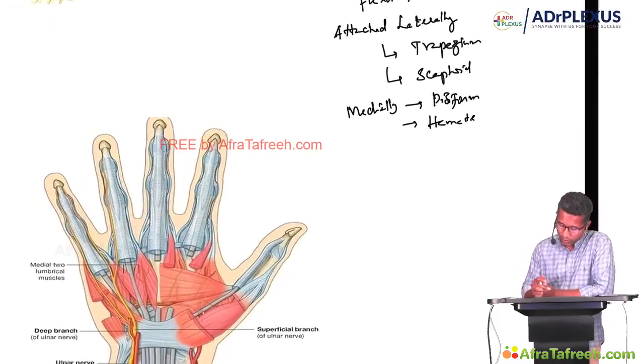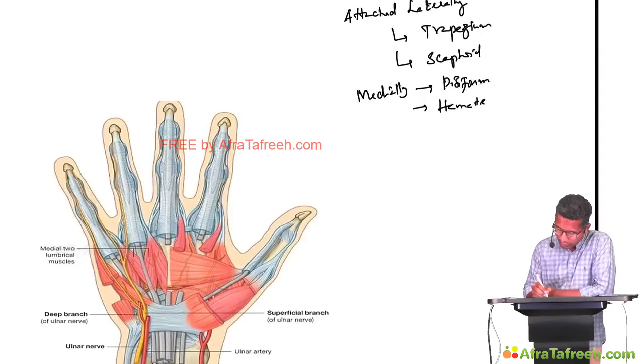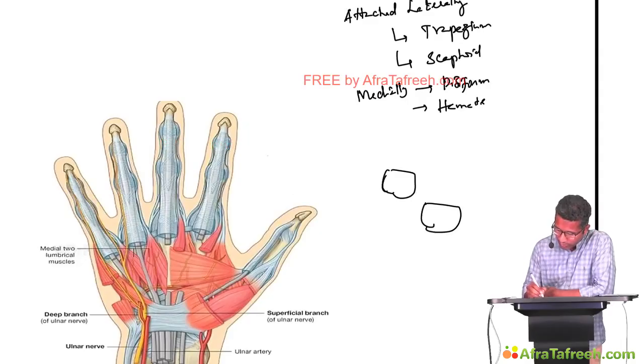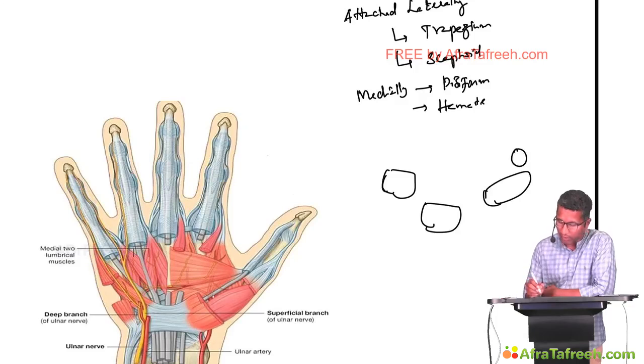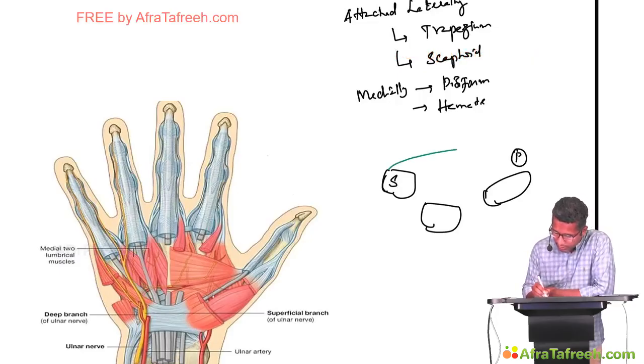To put a simple schematic diagram, let us consider these are the carpal bones. I am just drawing a single row of carpal bones. You have the triquetral and the pisiform. So this is the scaphoid, and let us consider this is the pisiform. The ligament is attached laterally to the scaphoid and medially to the pisiform bone.